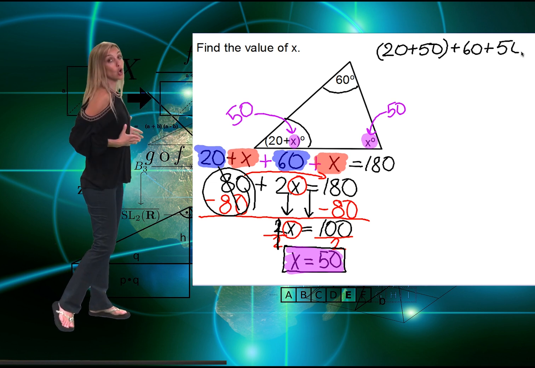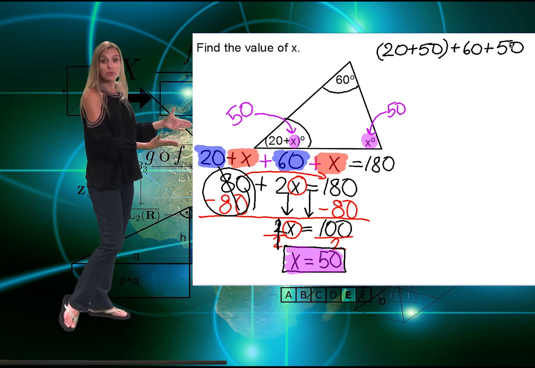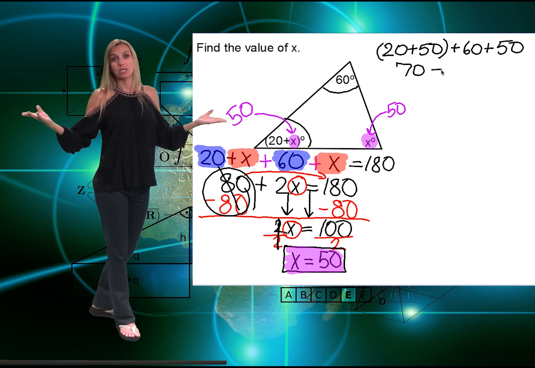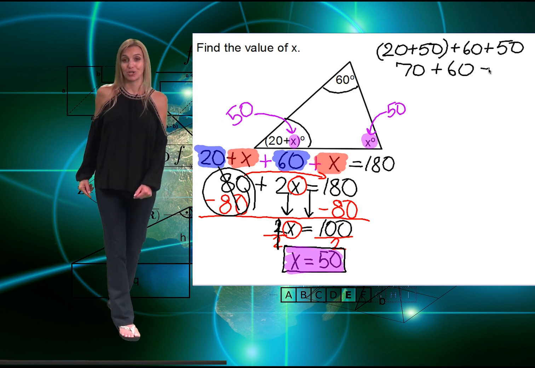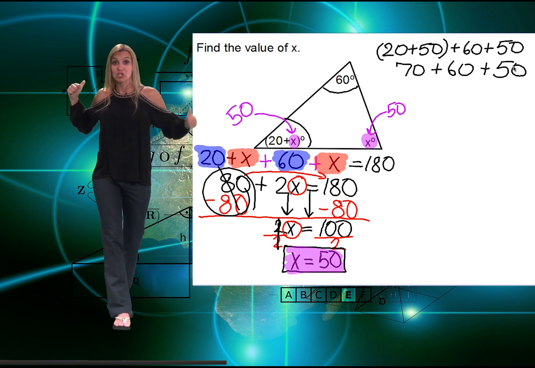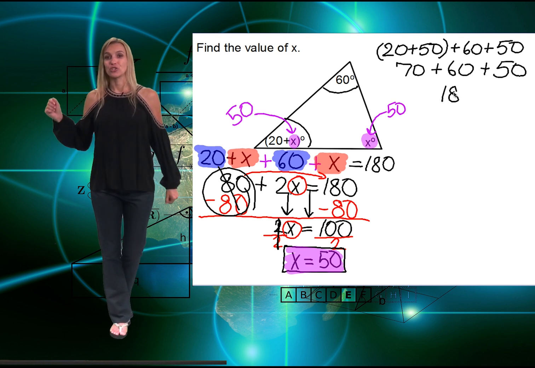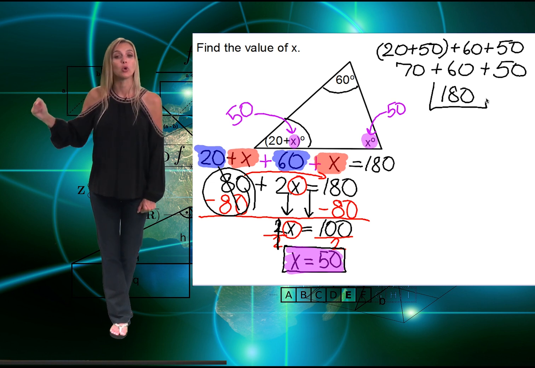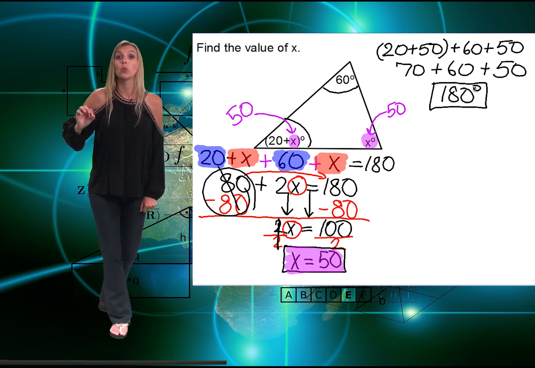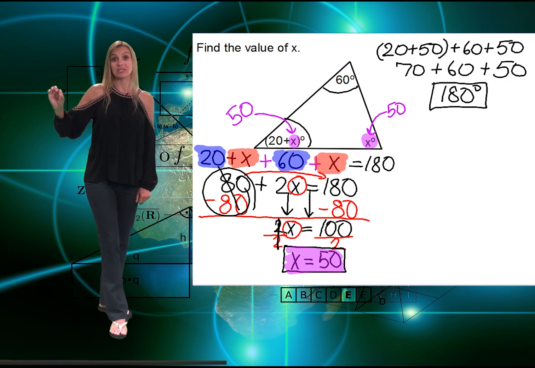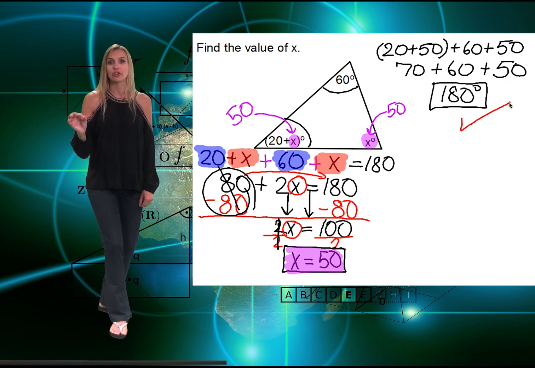Now, if I add all these angles up, guess what? Indeed, I did get 180 degrees, and I solved this problem, and I am done. Just remember, triangles, no matter what kind, always have interior angles that sum to 180 degrees.